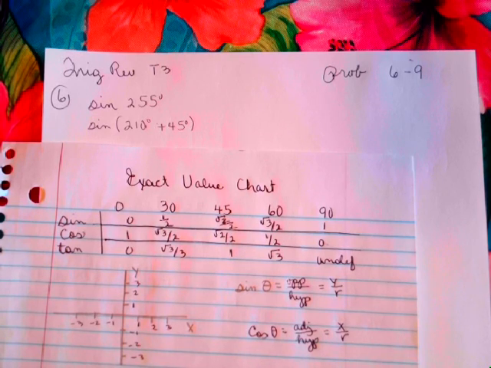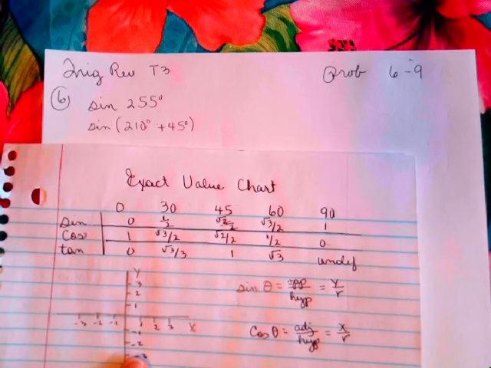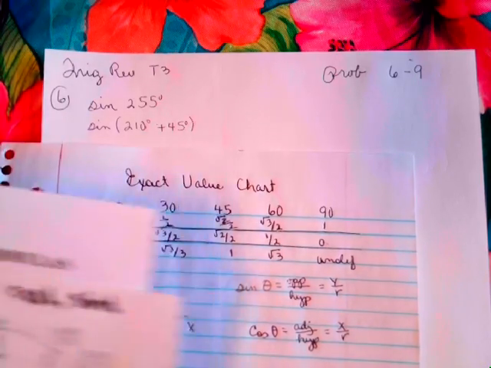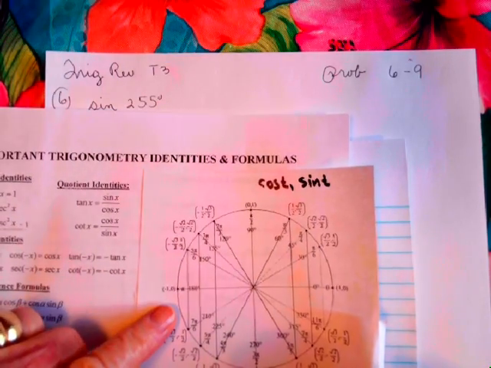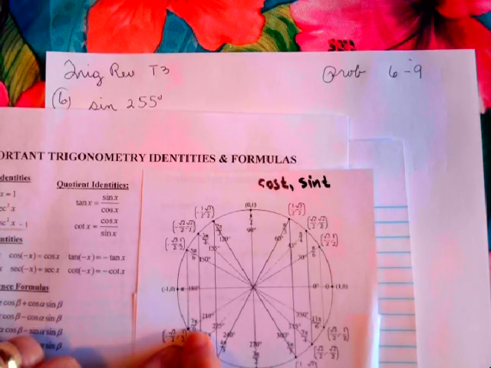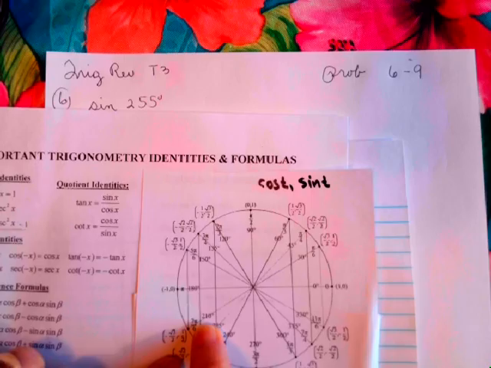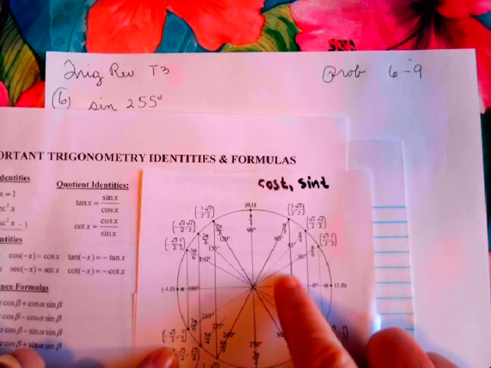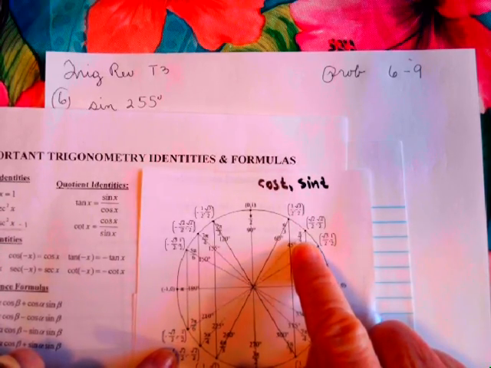You know that 210 degrees has a related angle of 30. You either think through the steps by using the exact value chart in the coordinate axis, or you look at your unit circle. 210 degrees, we've got the exact value of the sine and cosine of that. We also know the exact value of the sine and cosine of 45. So we've got our numbers that we need to use for this problem.